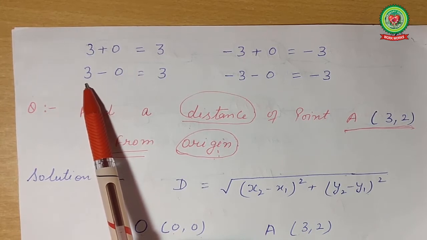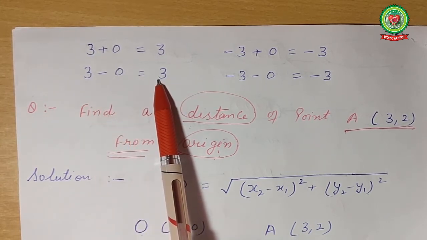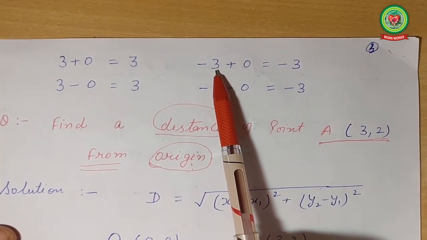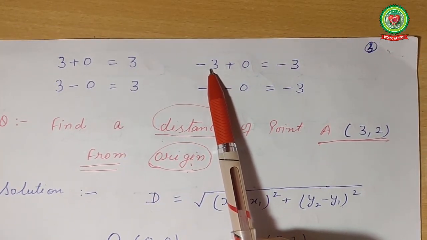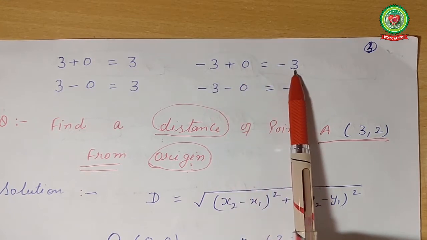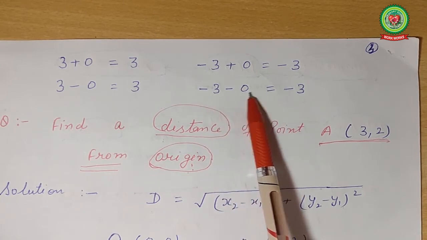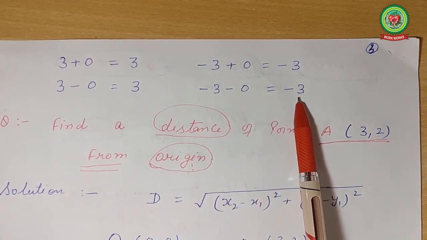If I subtract 0, again the answer is the same number. Taking minus 3, if we add 0 or subtract 0, the same number remains.